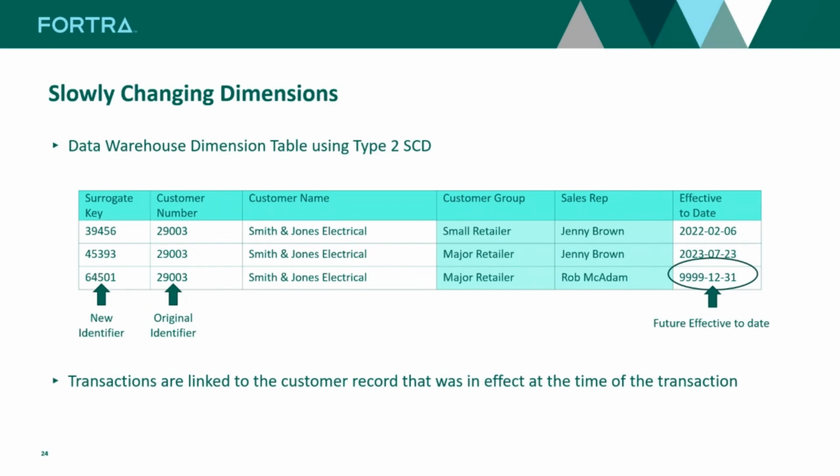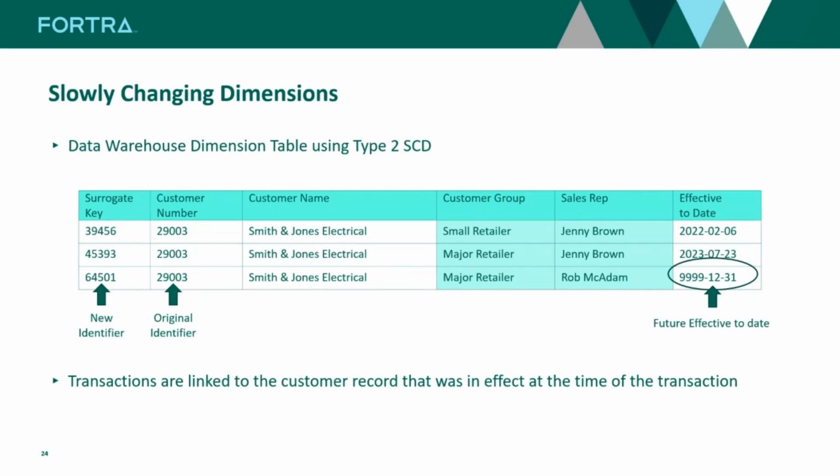Let's look at the table design from a SQL Data Warehouse perspective. Firstly, it must use a surrogate key. This allows us to store multiple records for the same customer. Each record must include an effective to-date value, identifying the last date on which this record was effective.